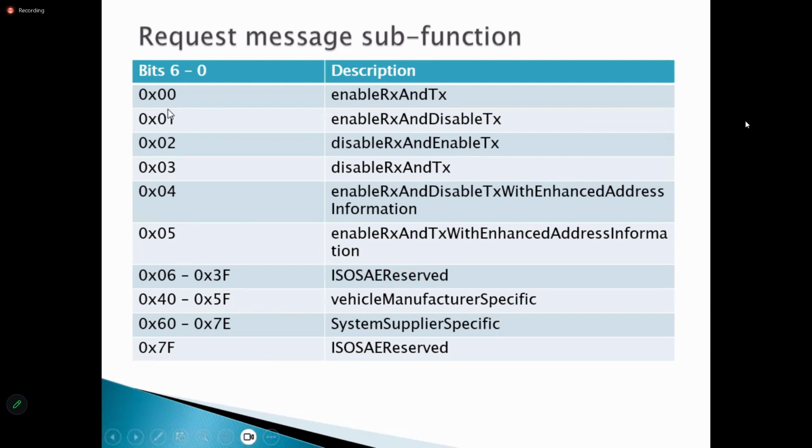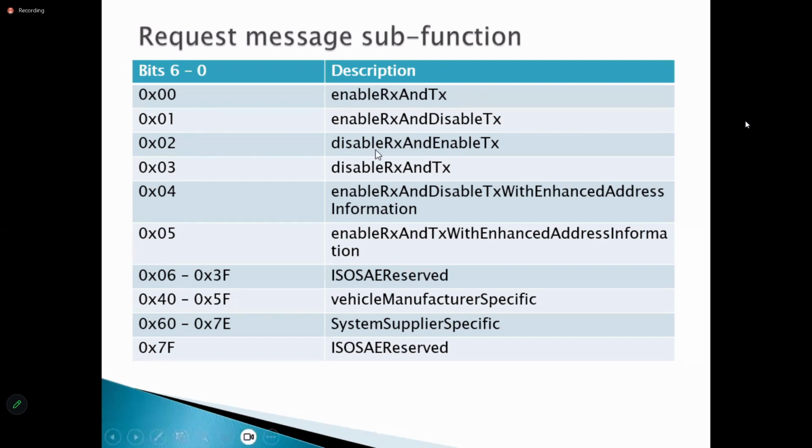If the sub function is 01, it means enable Rx and disable Tx. So using this sub function, the server will start receiving messages but will not transmit. Tx is still disabled. Understood?